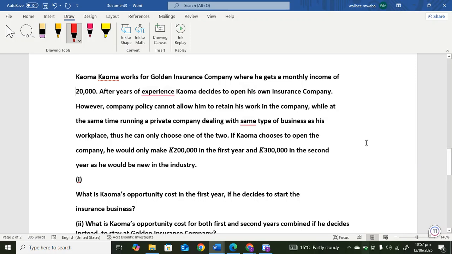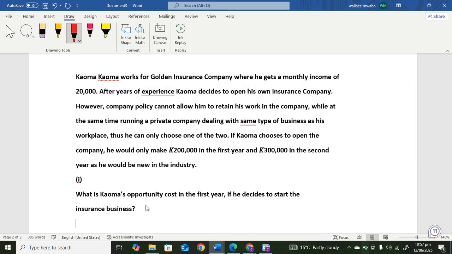Okay, colleagues, first we have to understand what an opportunity cost is. Foregone alternative, yes. Any other definition?